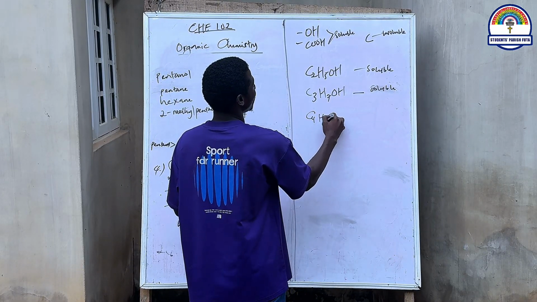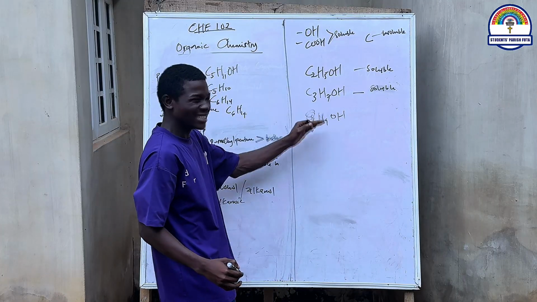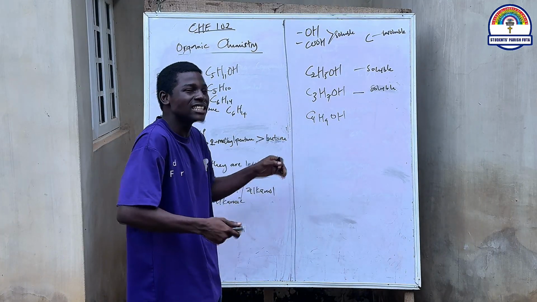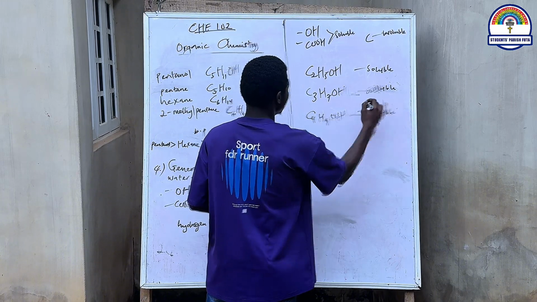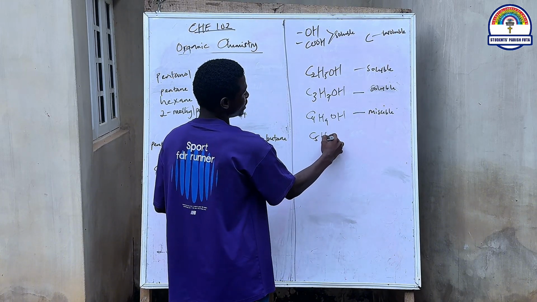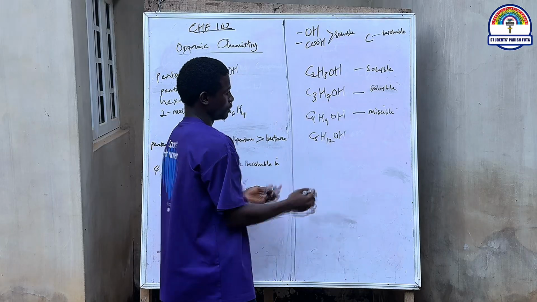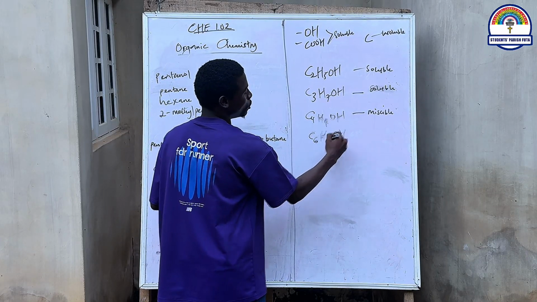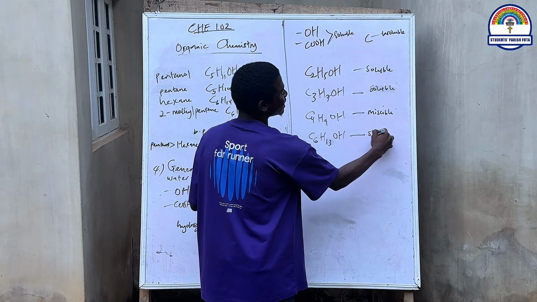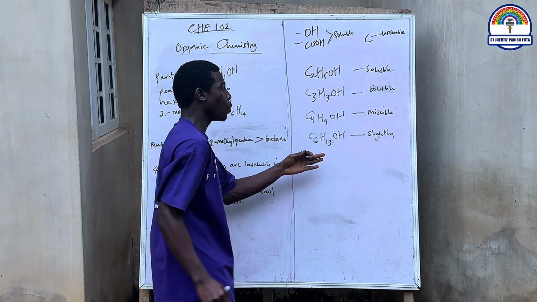If you go down, C4H9OH, you can see the carbon number is increasing, and it is reducing the solubility. Once you start getting to C5H11OH or C6H13OH, this one will be slightly soluble, because you're already overpowering it.